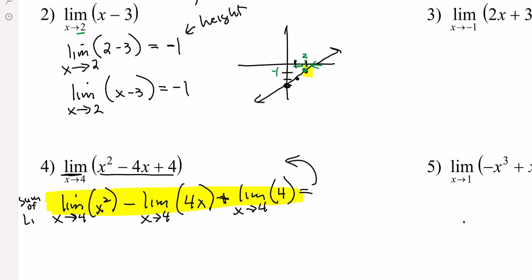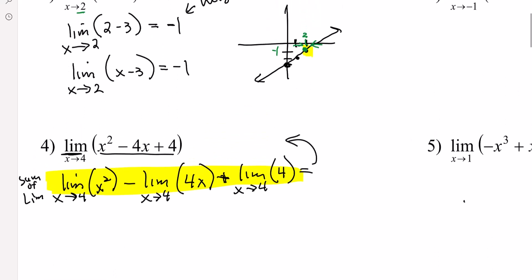It sounds a little bit confusing, but they mean the exact same thing.